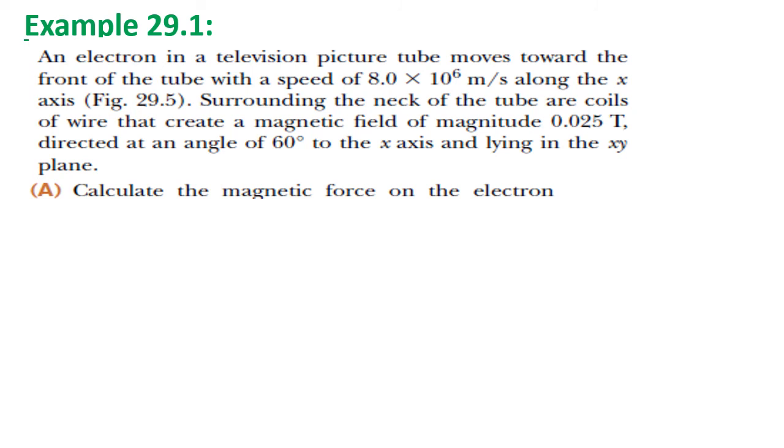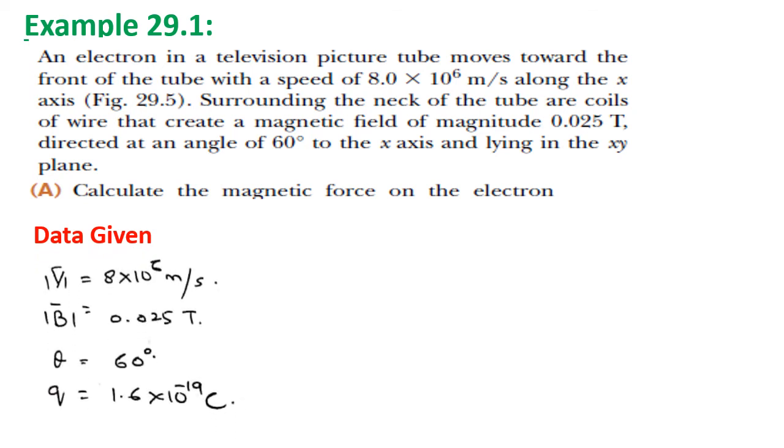For part A, we have to calculate the magnetic force on the electron. We have to find the magnitude of the magnetic force. For that, the data given is speed 8 into 10 raised to the power 6 meters per second, magnetic field 0.025 Tesla, theta is 60 degrees, and Q is 1.6 into 10 to the power minus 19 coulombs.